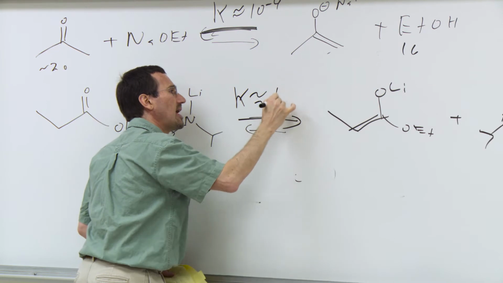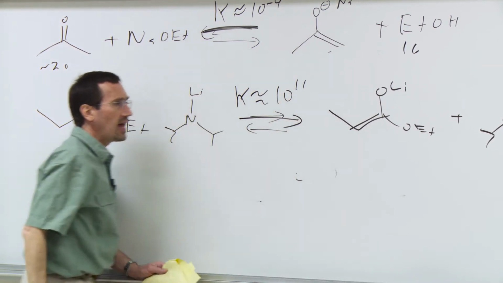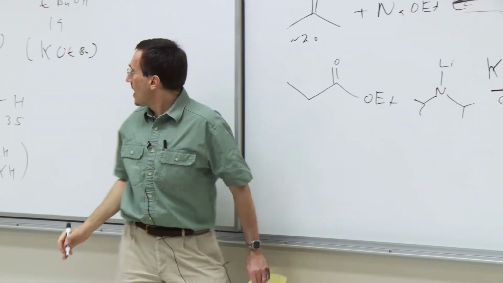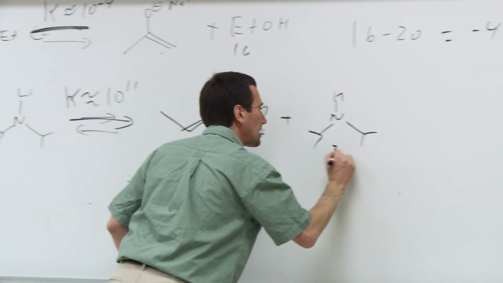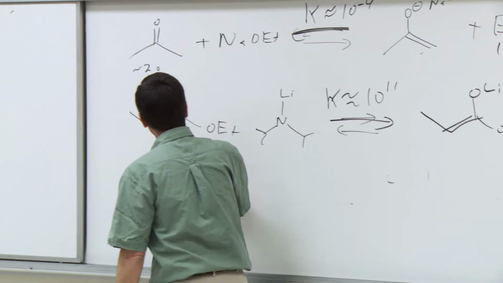K is about 10 to the positive 11. Where do I get that number from? Well, it's 36 minus 25.